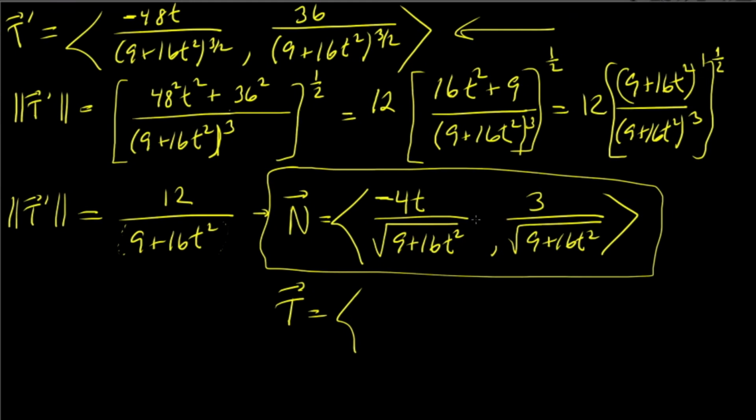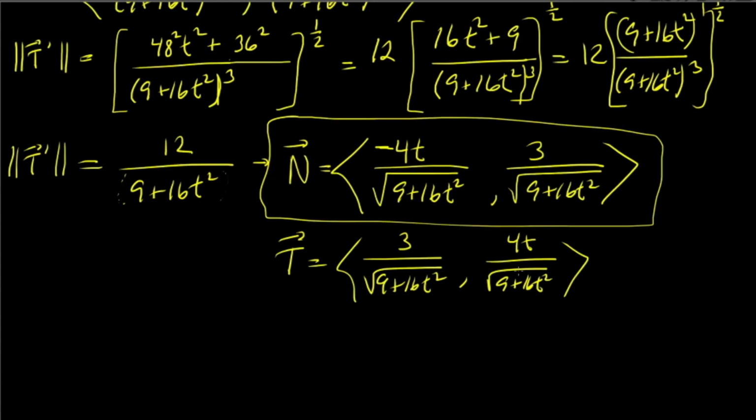Anyways, t itself was 3 divided by the square root of 9 plus 16t squared, and then 4t. When you compare t and n, you'll notice that they look very similar. In fact, they just kind of switched, didn't they? Well, they didn't just switch. One of them got a negative sign when you got to n.